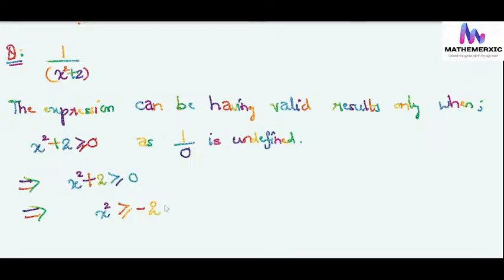Subtracting both the sides by adding minus 2 both the sides, we can say x square is greater than or equal to minus 2.